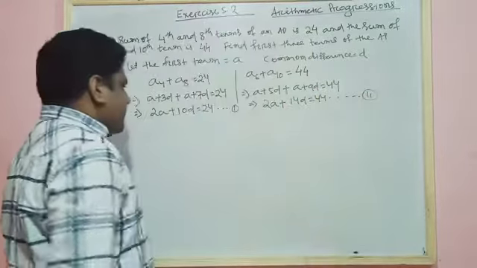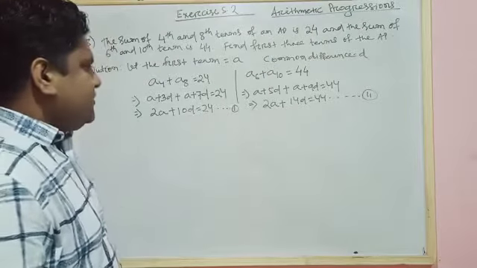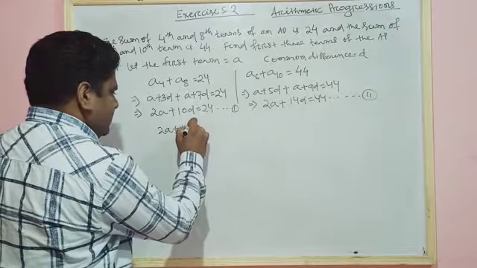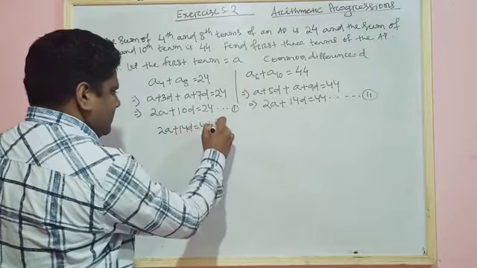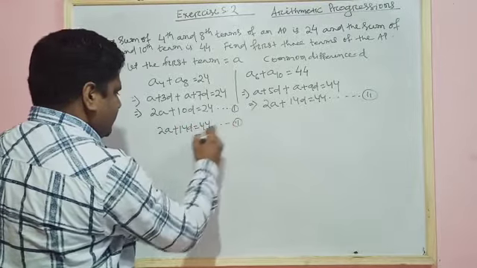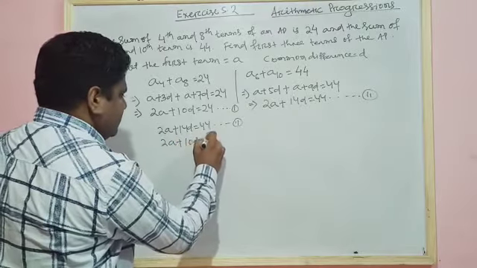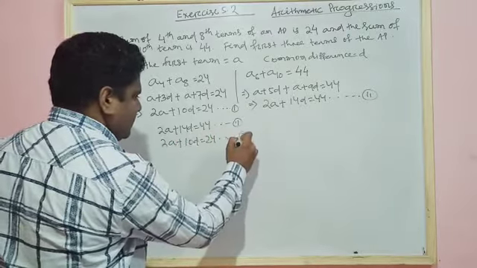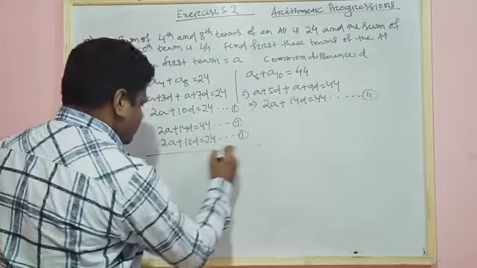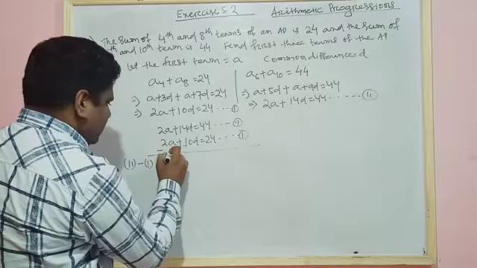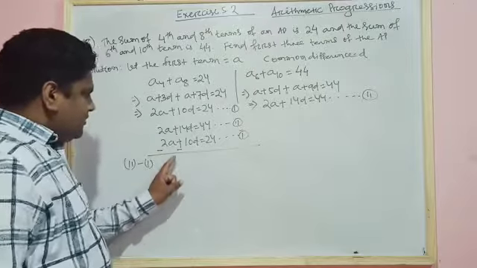Now let's subtract equation 1 from equation 2. It will be 2a plus 14d equals 44, that is equation 2. And 2a plus 10d equals 24, that is equation 1. When you subtract equation 1 from equation 2, the signs of equation 1 will be reversed.